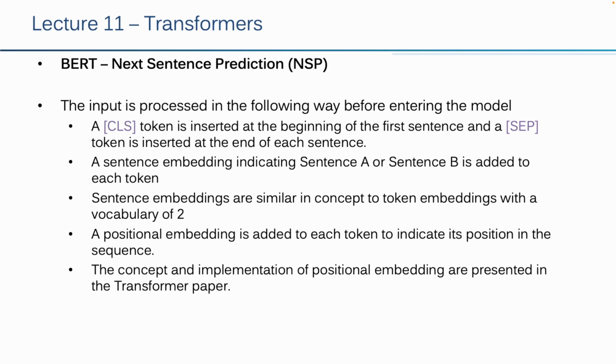Okay, some technical details, how the model processes the input. We have a specific CLS token that helps us later in the fine-tuning phase to have a representation for the entire sentence. So if you want to classify a sentence as having a positive sentiment, you would use that specific token that we introduce to represent the entire sequence.